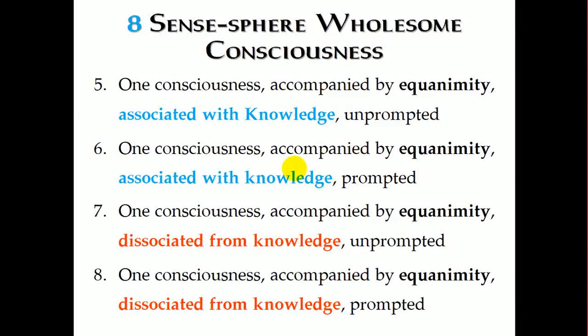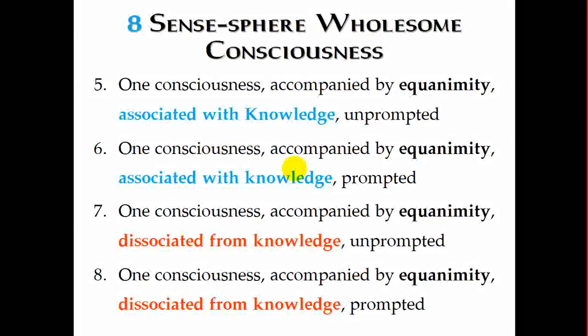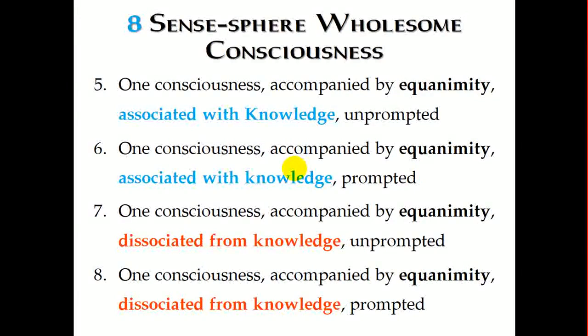Here we are talking about equanimity. Numbers 5 and 6, we call the third pair of Mahakusala. It will associate with wisdom, but it will not associate with piti or zest.